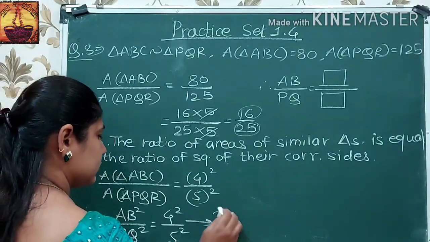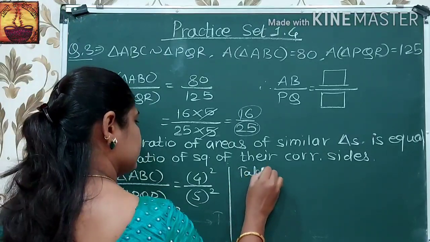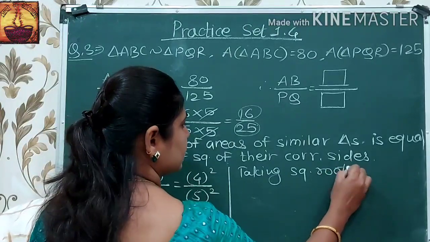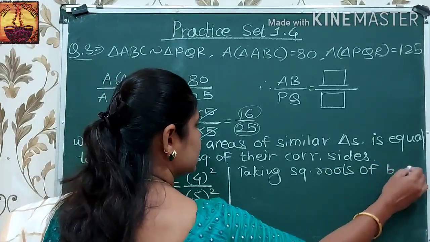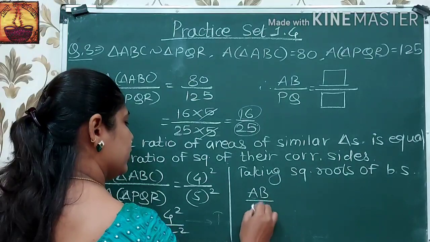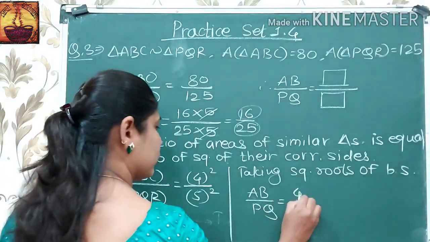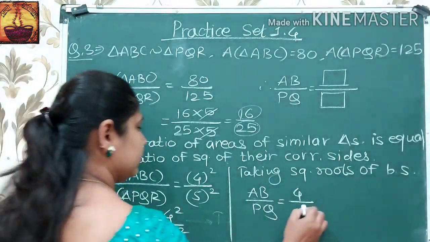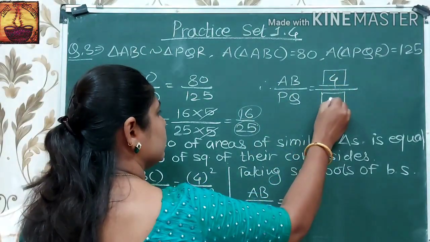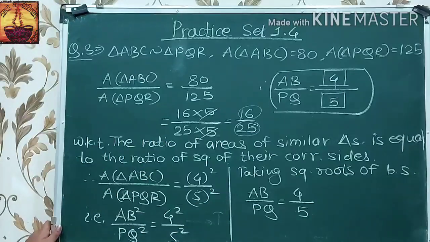After taking square root of both sides, we have AB upon PQ is equal to square root of 4 square and square root of 5 square. Therefore, we get AB upon PQ is equal to 4 upon 5. It is the proof.